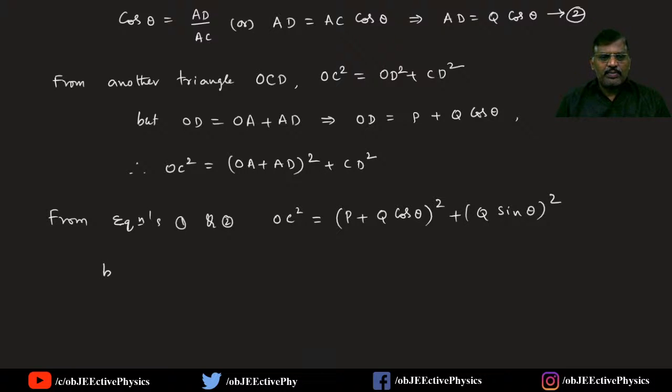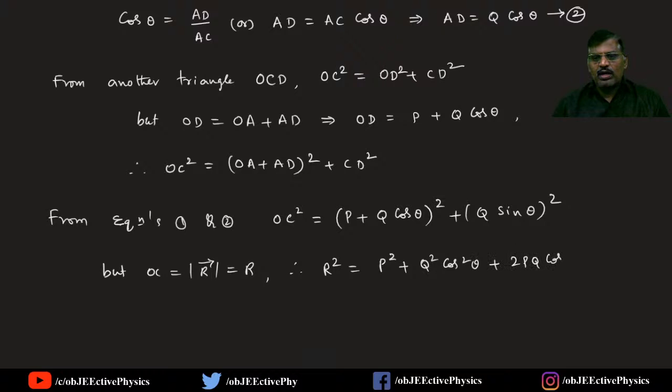But OC is equal to the magnitude of R bar, that is equal to R. So therefore R square is equal to the expansion of A plus B whole square. P plus Q cos theta whole square is the A plus B whole square expansion. So that is A square, that is P square, plus B square, Q square cos square theta, plus 2AB, 2PQ cos theta, plus Q square sin square theta.